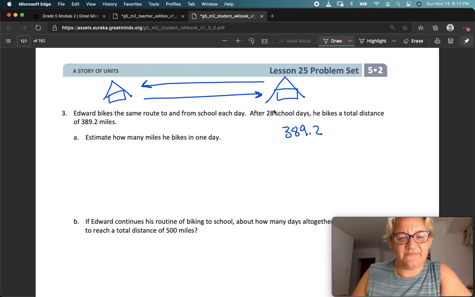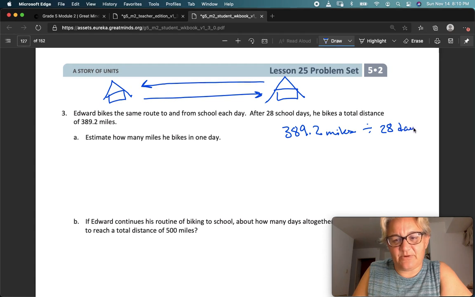Okay, so what we have to do to figure out one day is take this number of miles divided by the number of days that now we're going to estimate.